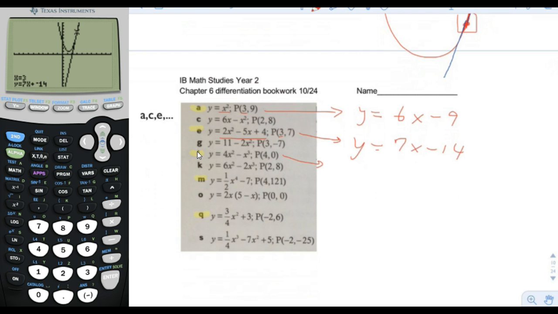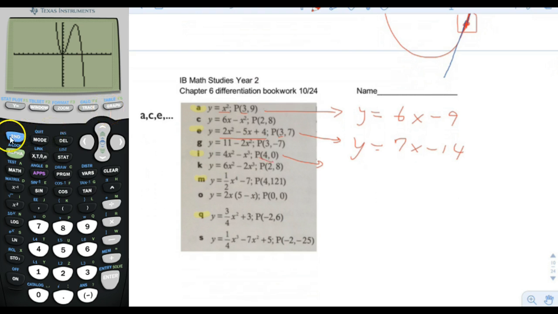Now we'll do I. 4x squared minus x cubed. Graph it. And then now we want to find the tangent line at x equals 4.